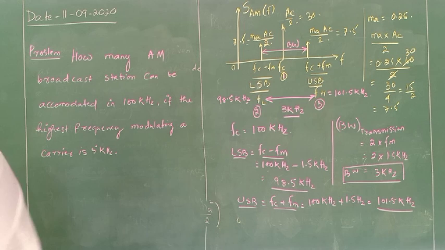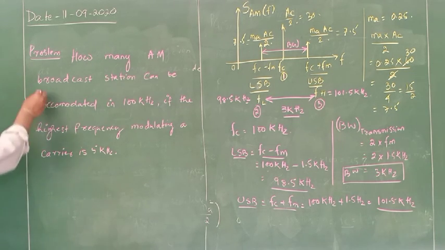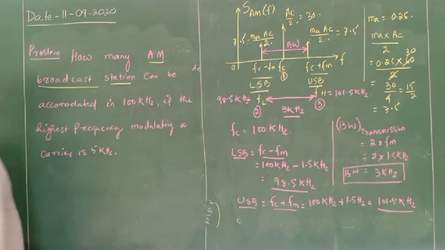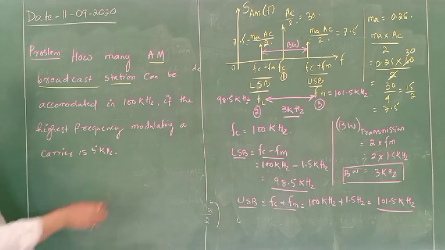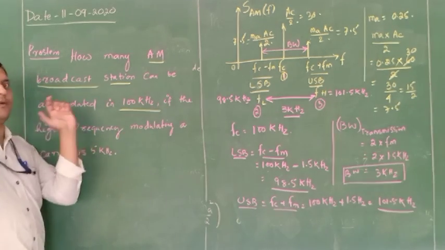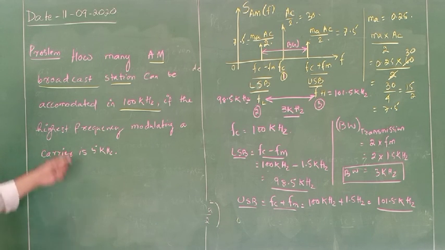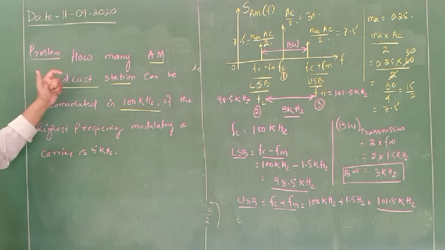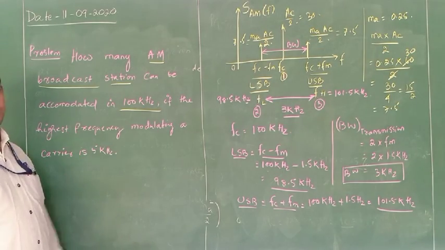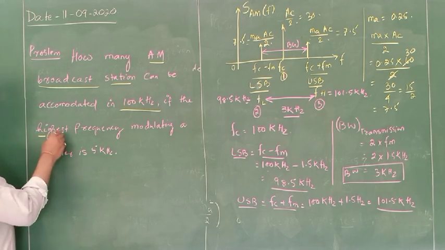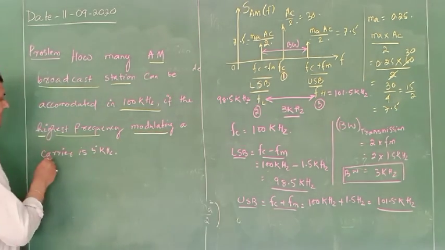Then here we need to identify the number of AM broadcast stations, and the hint given is that the AM broadcast station is operating in 100 kilohertz. That means the total bandwidth is provided, and in that bandwidth the highest modulating frequency is 5 kHz, as written in the highest frequency modulating a carrier.